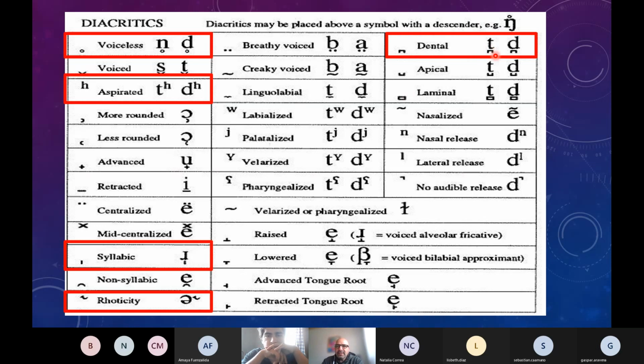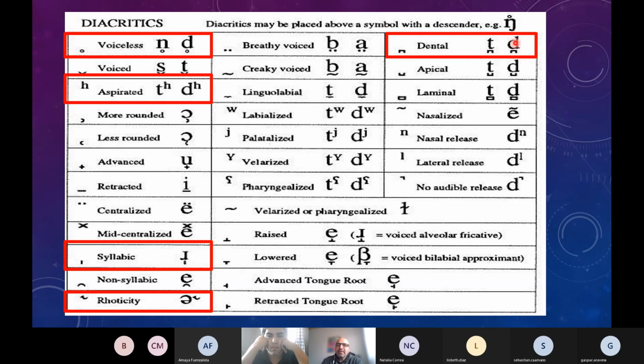Dental, we can use this symbol to represent that a sound is dentalized, meaning a t, for example, or a d, which are alveolar sounds, right? The tip of the tongue is raised to touch the alveolar ridge, which is above or behind the upper teeth, and may be produced a little bit lower when it is next to an interdental, like in think or the.